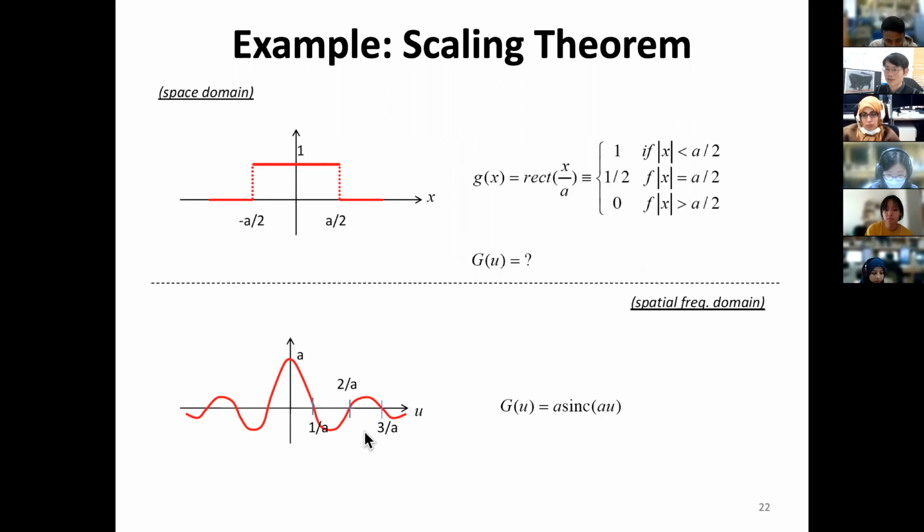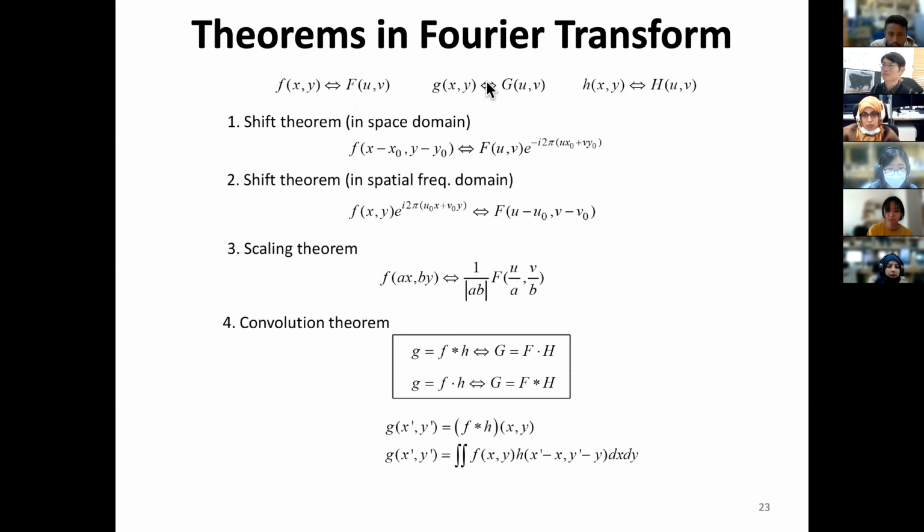What that means is that the first and second zeros, which were originally 1, 2, 3, now shrink by a factor of a. This one expands by a factor of a, and in the spatial frequency domain it shrinks by a factor of a. That's what we call the scaling theorem.